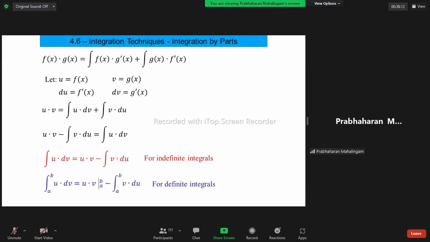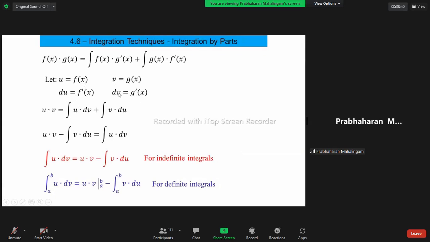Same thing. Here we explain f(x) into g(x): f(x) times g dash x plus g into f dash x, put the integral sign. Here also the integral sign, they are integrals of d1. That is why we leave it as it is. Here you see u is f(x), v is g(x), du is f dash x, dv is g dash x.